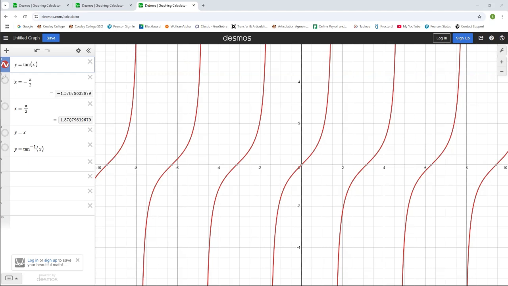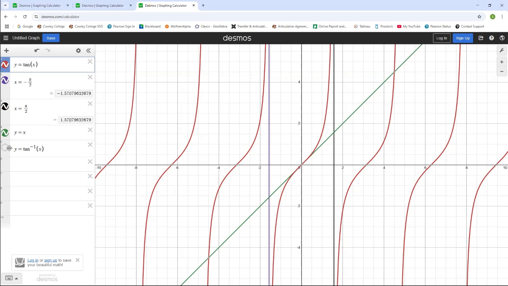And if we put, for instance, asymptote lines here between negative pi over 2 and pi over 2, we can just capture one of these cycles. And so, as before, I'll drop the line y equal x, and if we reflect that one cycle about y equal x, then we get this purple line.